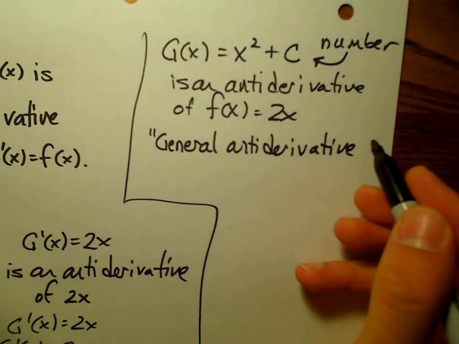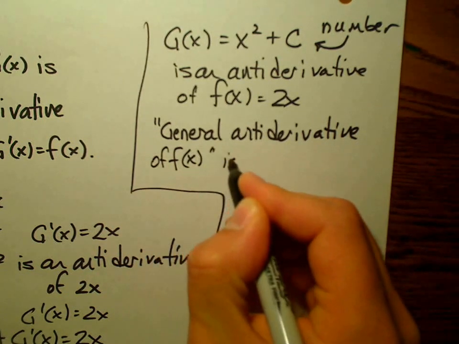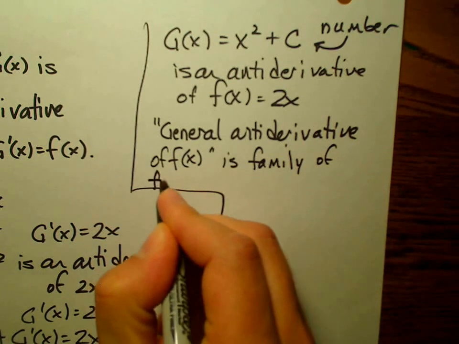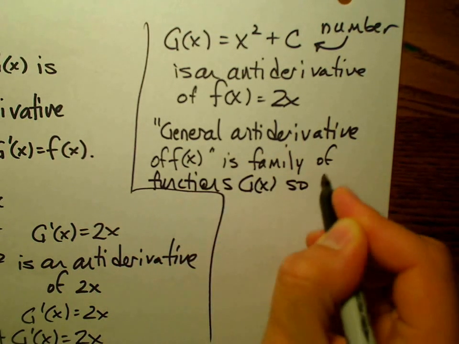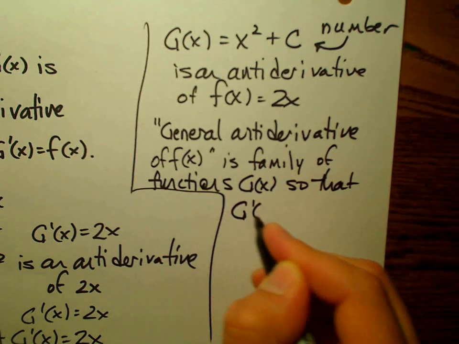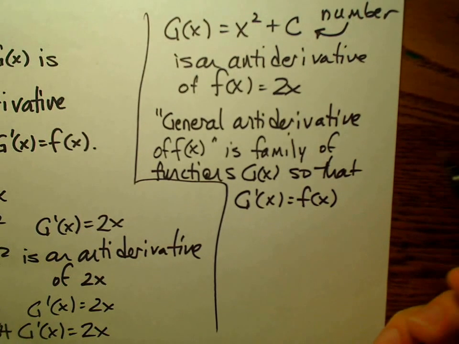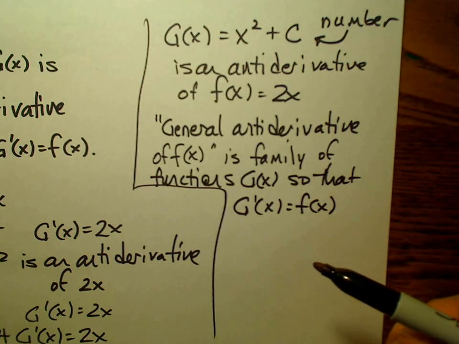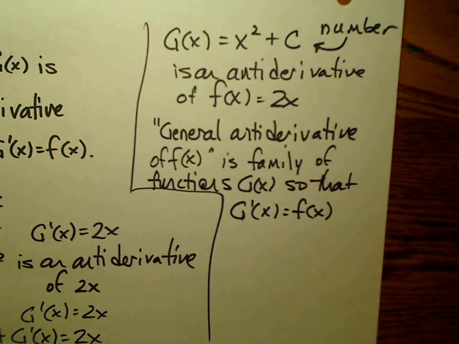But the general antiderivative of f of x is a family or a set of functions g of x, so that g prime of x equals f of x. Now, the good news is that all the members of this family all pretty much look the same. They all pretty much have this structure of x squared plus a number for this f of x being 2x.